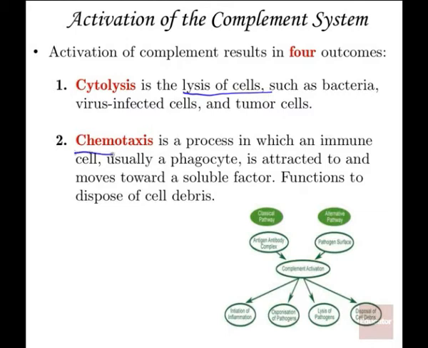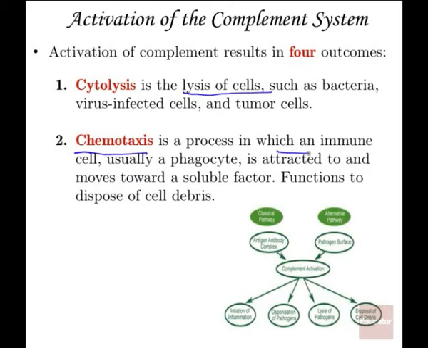Now, chemotaxis means being attracted to something, or to cells, because of some kind of chemical that's secreted. So chemotaxis is attraction based on a chemical attractant, so to speak.